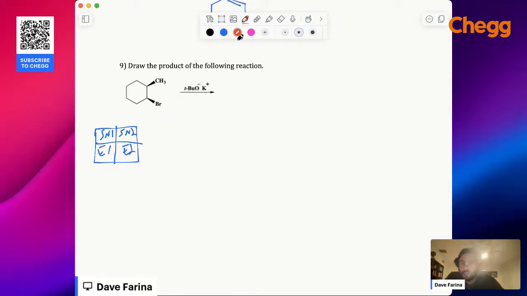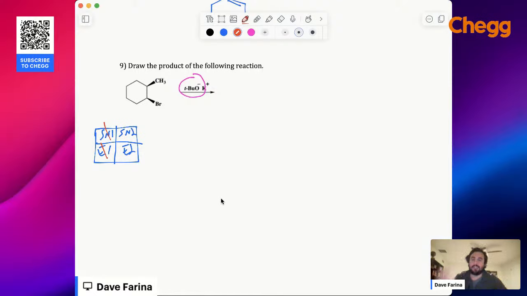We have tert-butoxide. Tert-butoxide is a very strong base. Any alkoxide is a very strong base. So that's really the first thing you want to look at: the base or nucleophile, and its strength. It's very strong, so we're not going to wait for SN1 or E1. We're not going to wait for a carbocation. It's going to react. It's either going to extract the proton or it's going to coordinate.